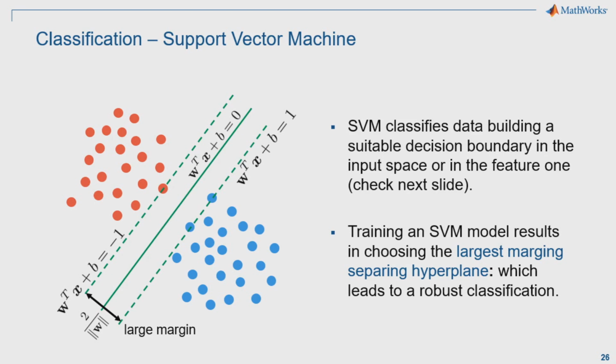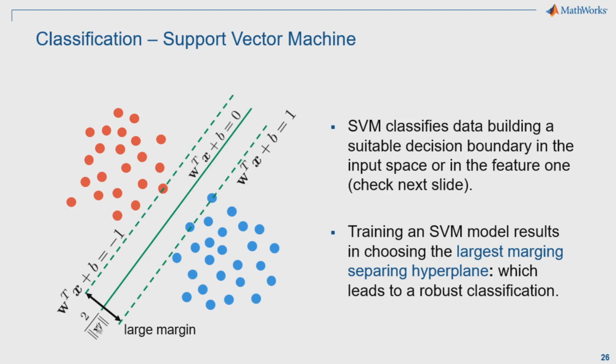And then the aim of your classifier is to minimize the norm of your weight vector W, which is a vector of parameters, as I told you, and is the one that is used to find your decision boundary and also your support vectors, as they are called, these two lines that are the two margins.